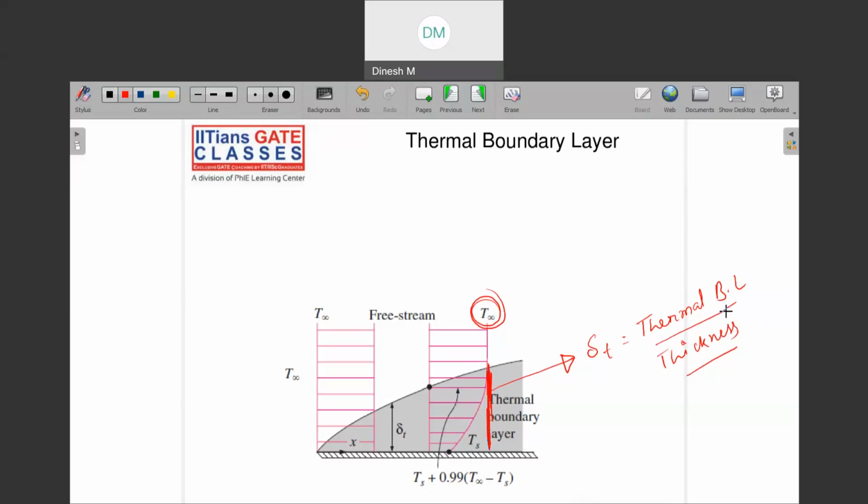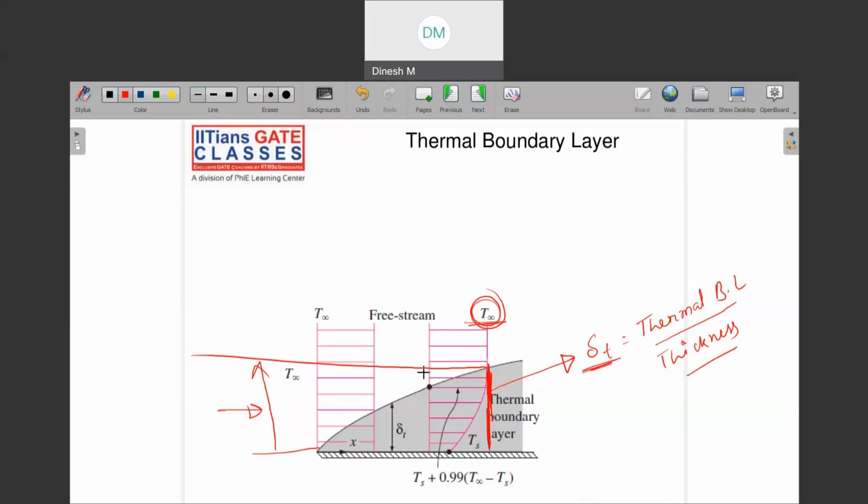In the thermal boundary layer again there will be temperature differences felt, but at that distance in the direction perpendicular to the flow direction, where I would feel that the temperature of this stream is equal to the free stream temperature, I would say that is the point where your thermal boundary layer has vanished. There are no thermal boundary layer effects felt.